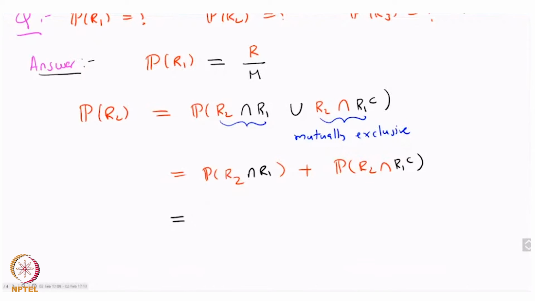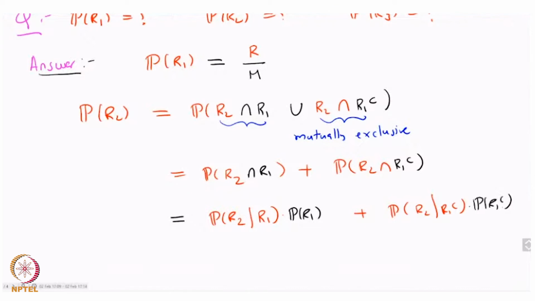So what I can do is write this as the probability of R2 given R1 times the probability of R1, plus the probability of R2 given R1 complement times the probability of R1 complement.